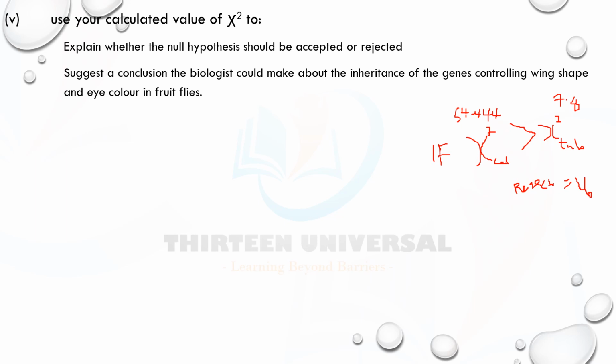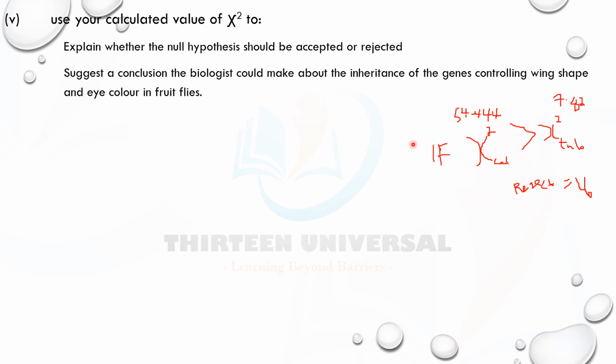So you can see that the calculated value is greater than the chi-square value at the critical probability of 0.05, which is 7.82. So the null hypothesis is rejected. This means that there is a significant difference between the observed result and the expected result.